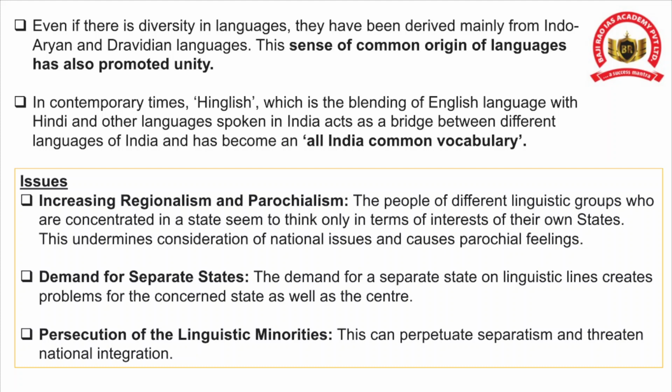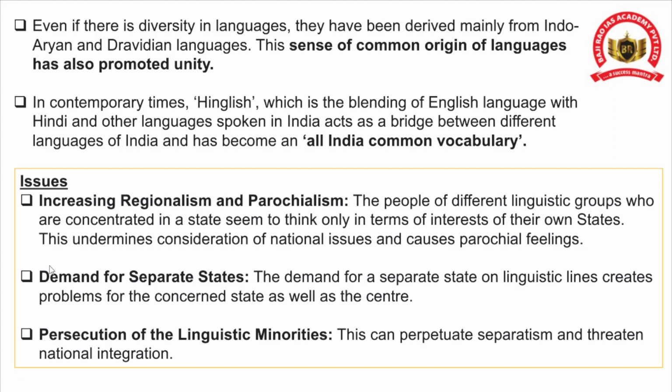Even in terms of language and region, they used to prefer their own interests rather than the national interest. So this in a way undermines the consideration of national issues, and it causes parochial feelings. The parochial feeling is nothing but looking at everything from the interest of a particular region or a particular state.